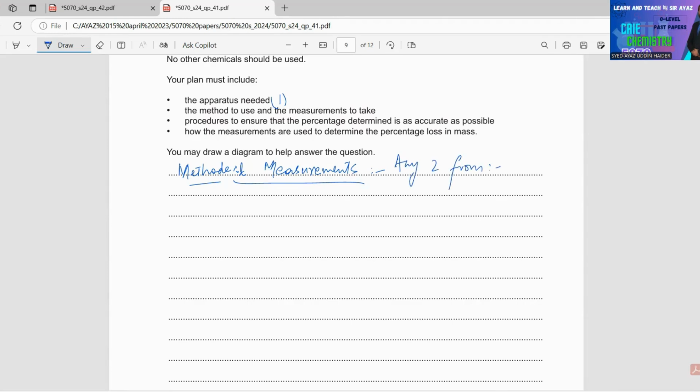So what you will do? You have to measure the mass in the beginning. Measure the mass of sample. You can even use weight.